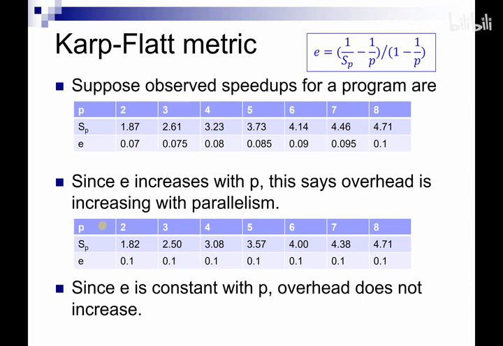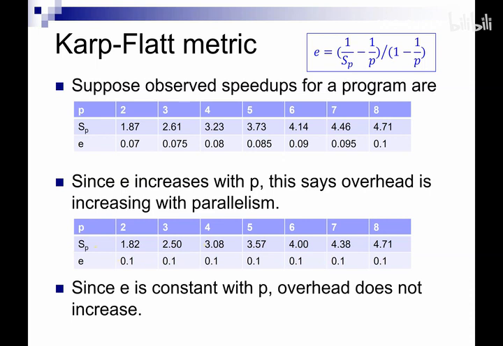Now, if you go with a different example, again we increase the number of processors from 2 to 8, and suppose that now we measure a different set of speedups, say 1.82, 2.5, and so on. Again, you can plug these SP values into the E expression and compute these E values, and all of these values here are equal to 0.1.